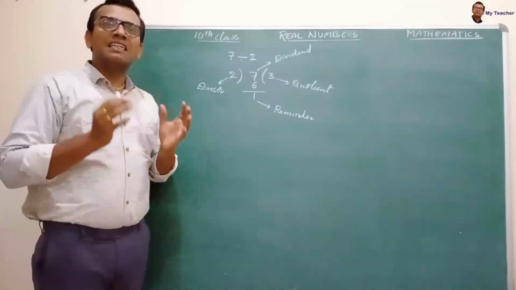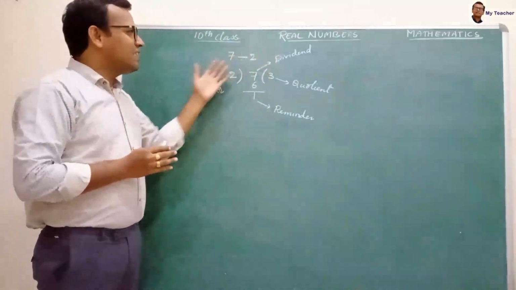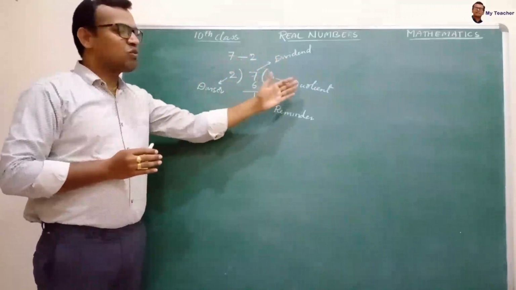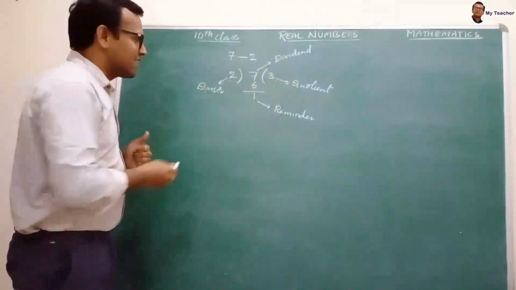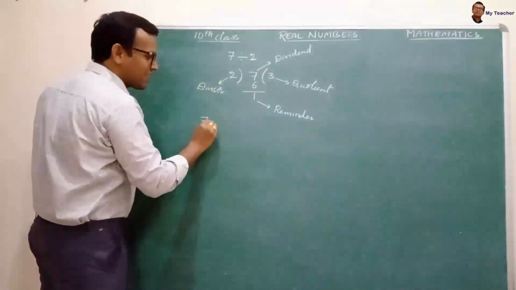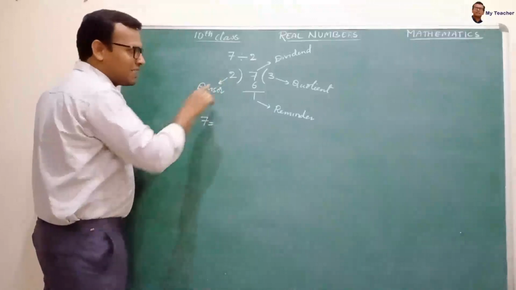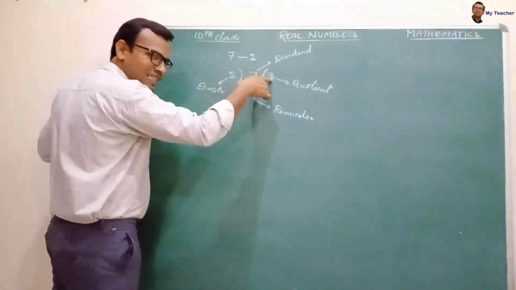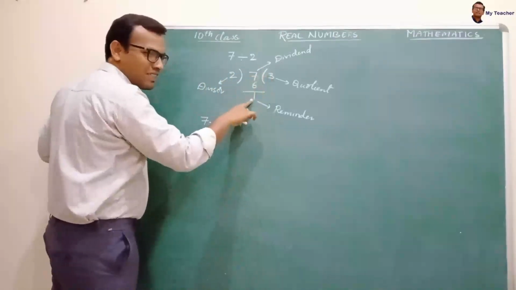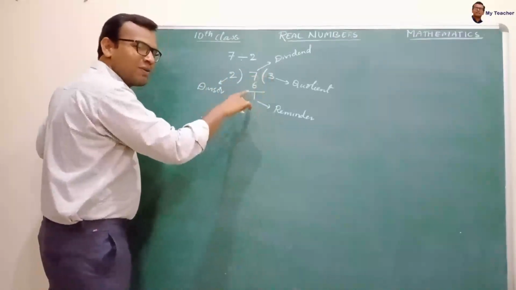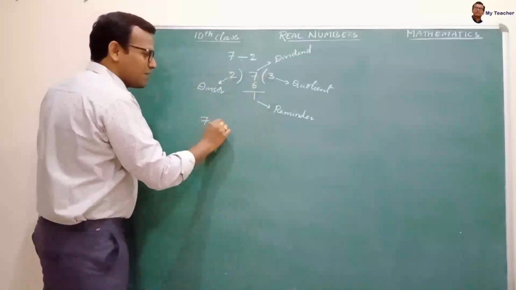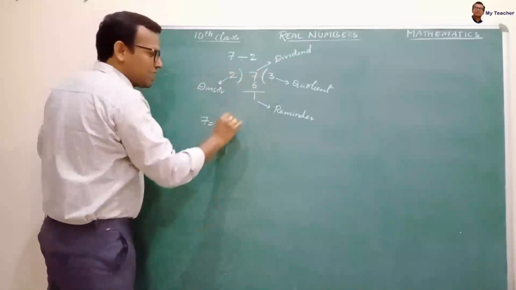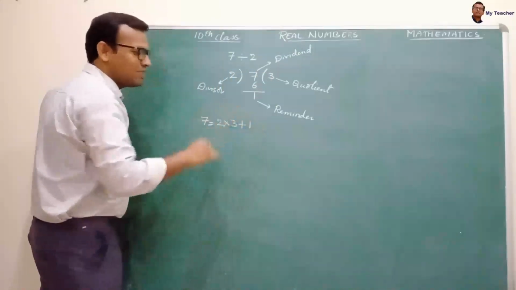So let us derive a relation between these terms, dividend, divisor, quotient and remainder, like this. See here, 7 can be obtained by multiplying the divisor and quotient. 2 3s are 6 and adding the remainder 1. So 6 plus 1 is 7. So 7 is equal to 2 into 3 plus 1.